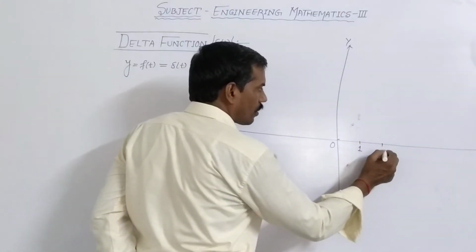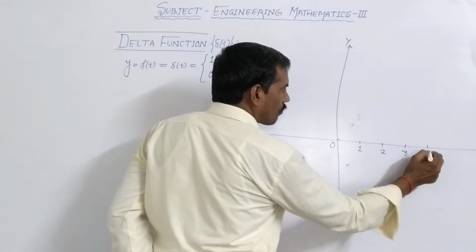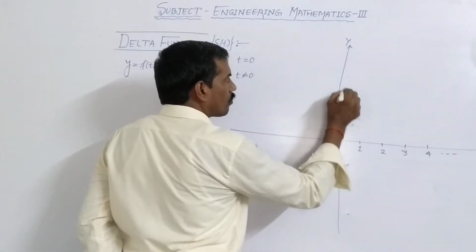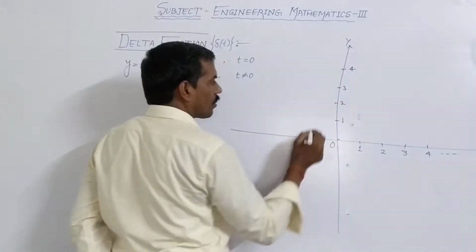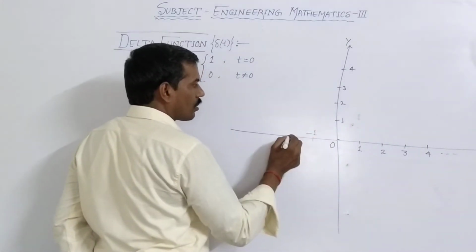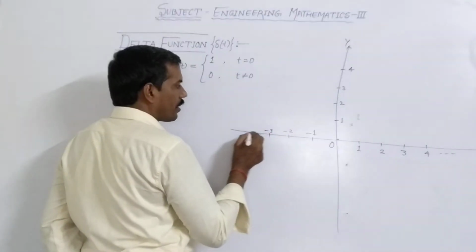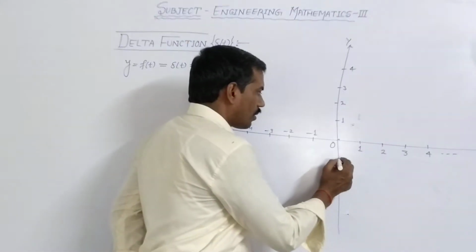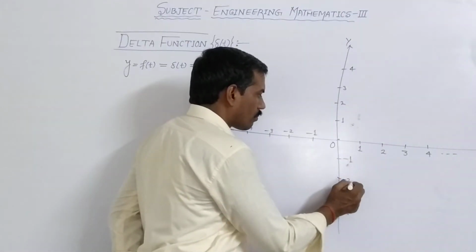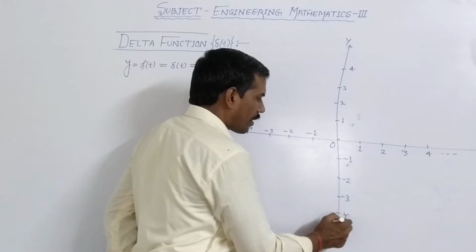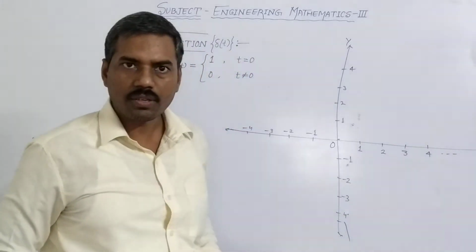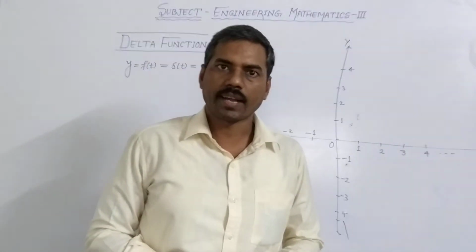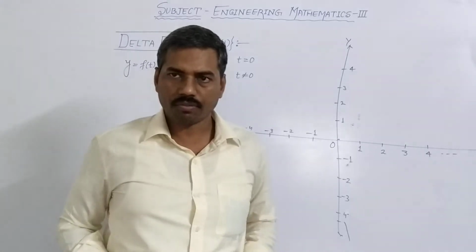There are 1, 2, 3, 4, etc. on the positive side, and -1, -2, -3, -4, etc. on the negative side. We have to find the coordinates of different points, and after fitting them we will get the graph.